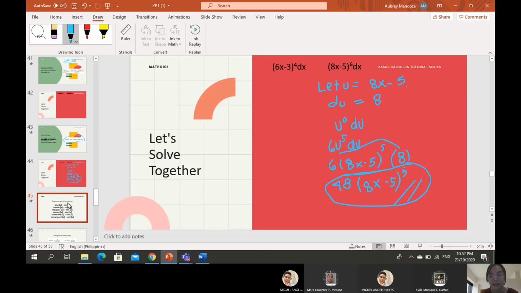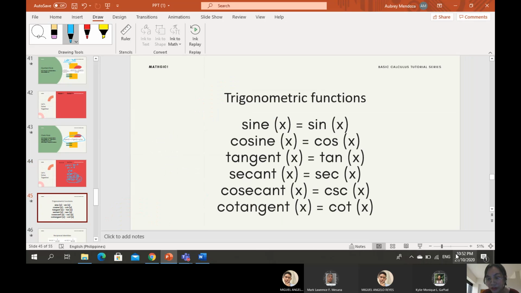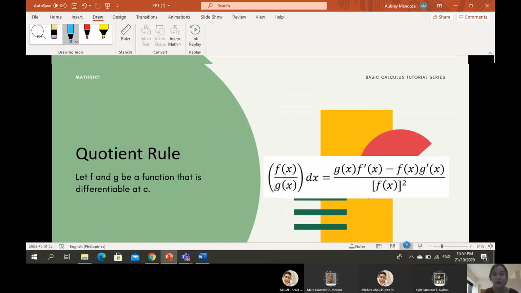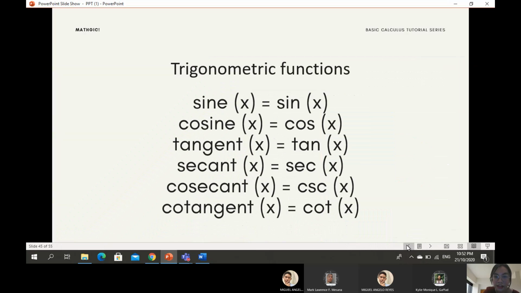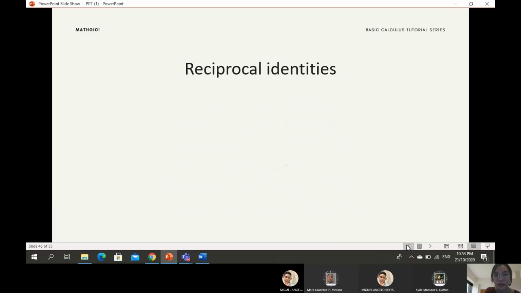So next is the trigonometric functions. So the trigonometric functions are sine x, cosine x, tangent x, secant x, cosecant x, and cotangent x. In trigonometric functions, we have identities that we need to familiarize or memorize, since they have a big role when solving.